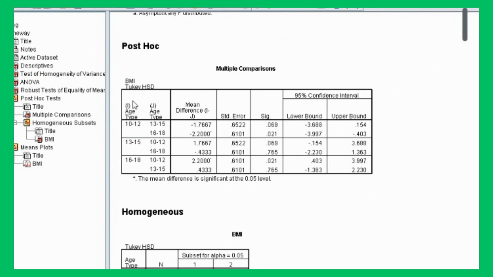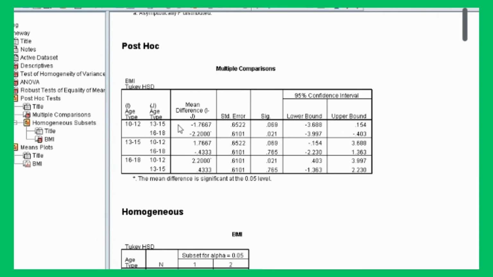So first, we want to compare if this age group 10 to 12 is significantly different from these other age groups.